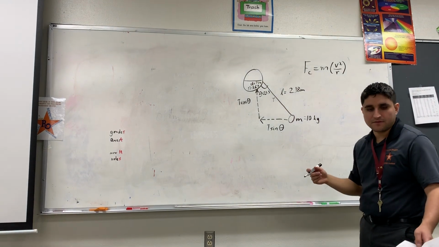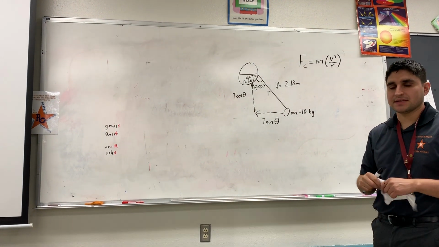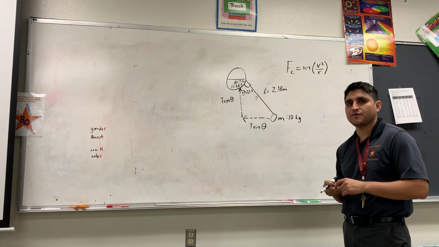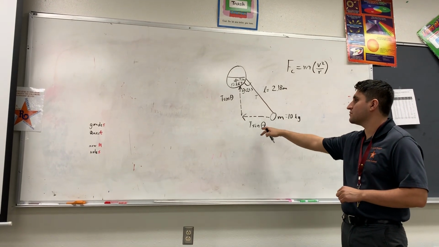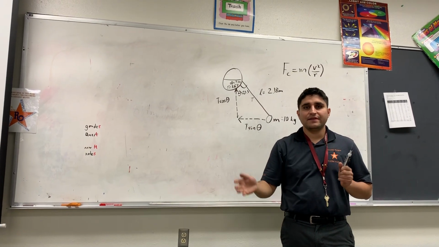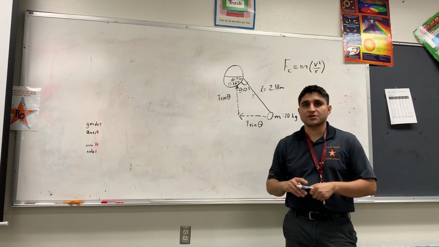I only care about the forces that are pointing towards the center. The forces that point towards the center, that's the centripetal force. This force is at an angle. Last time when I was doing it, it was not at an angle, so it was just tension.